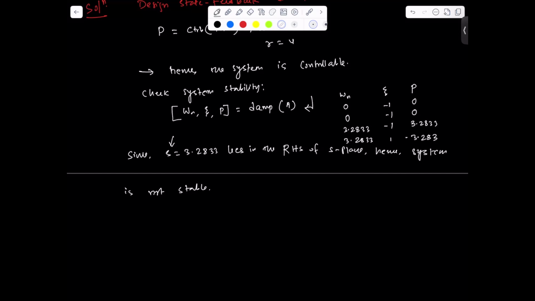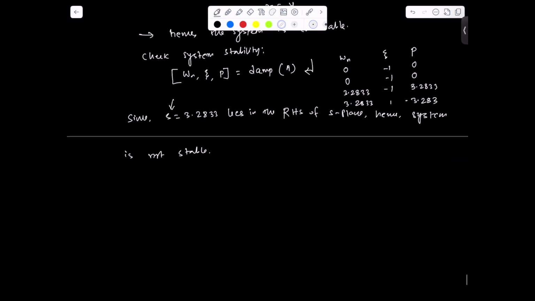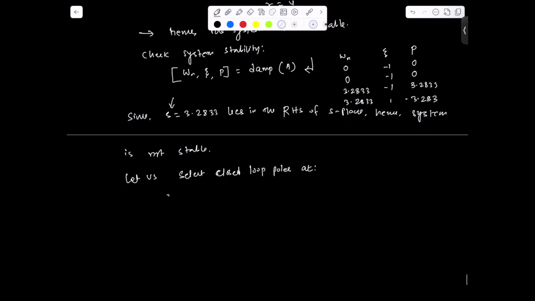For that, let us select closed loop poles at S equal to minus 1 plus minus j, and S equal to minus 5 plus minus j pi.